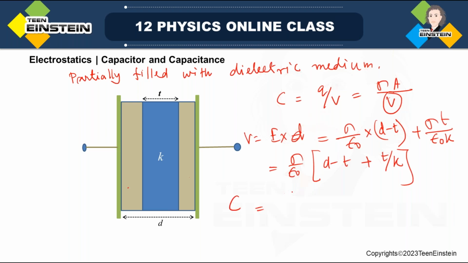C is equal to Q. Q means sigma into A, let us say, by V. V is this one.